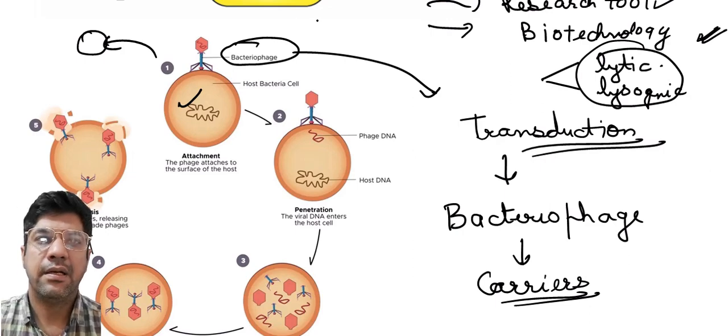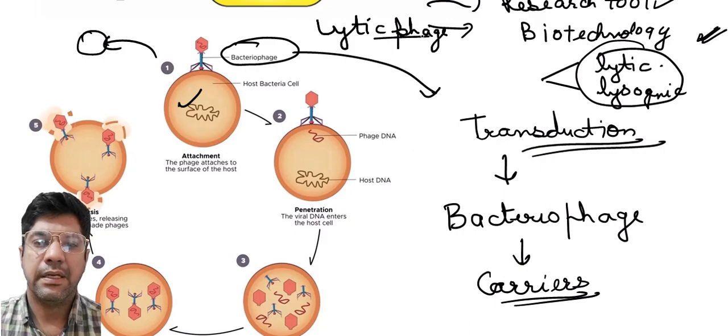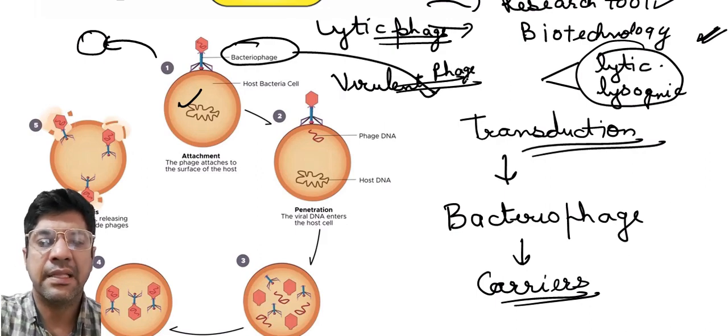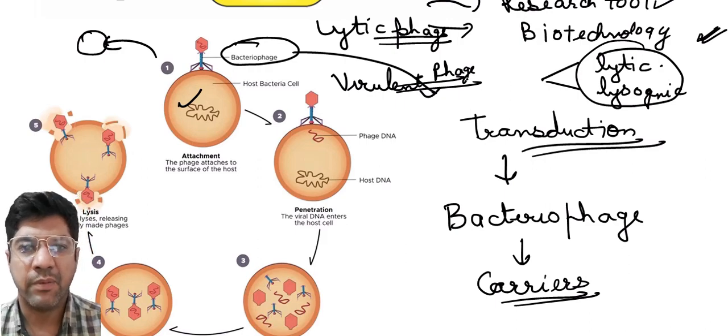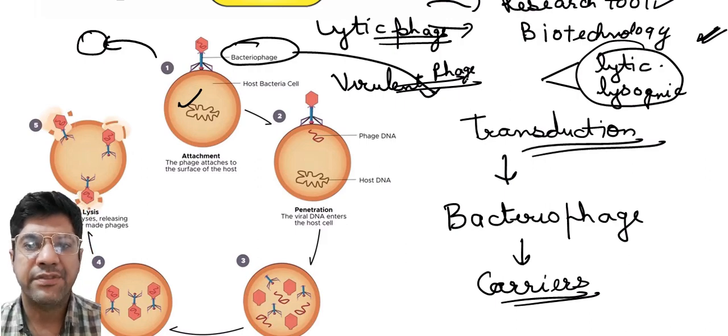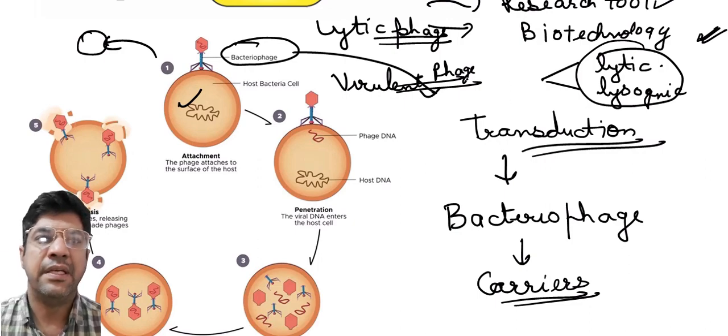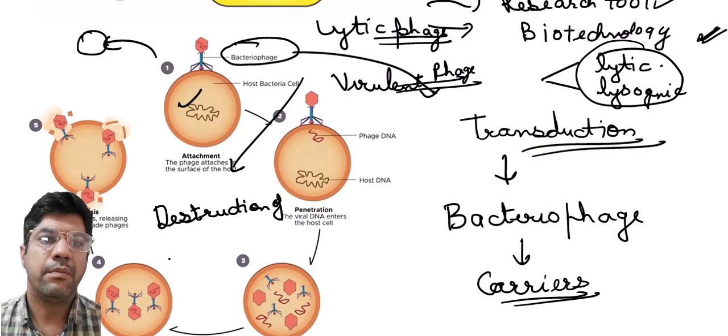The lytic phage, remember, is also known as virulent phage. In the lytic cycle, the bacteriophage is referred to as virulent. Its primary goal is to replicate and produce numerous progeny while causing the destruction of the host bacterium.